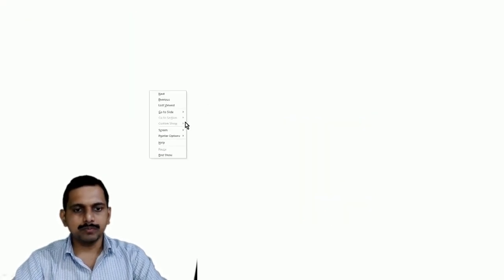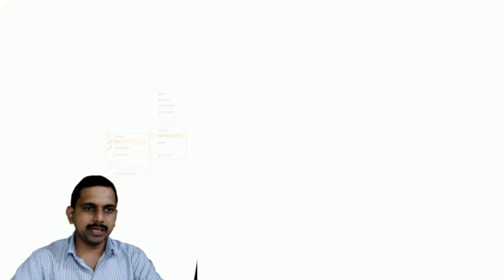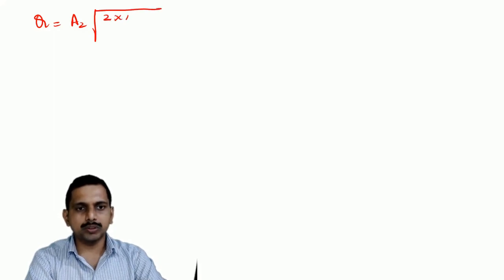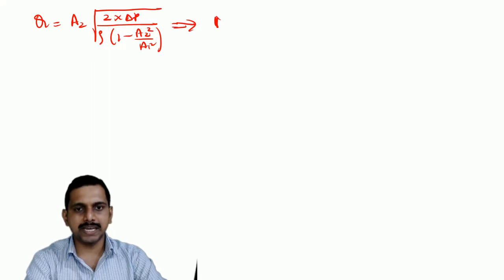The equation I am taking is Q is equal to A2 into square root of 2 into delta P divided by density into 1 minus A2 square by A1 square, correct? So this would imply that my 1 meter cube per second, that is the Q, is equal to A2.